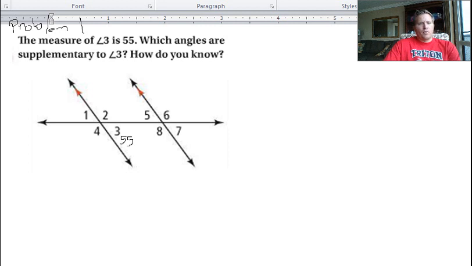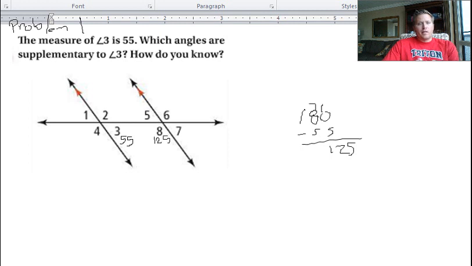Okay, so 3 right here, same side interior angles are supplementary. If I wanted to figure out what the angle was, they add up to 180, so I subtract 55 from 180, and that's going to give me 125. So angle 8 is going to be 125.